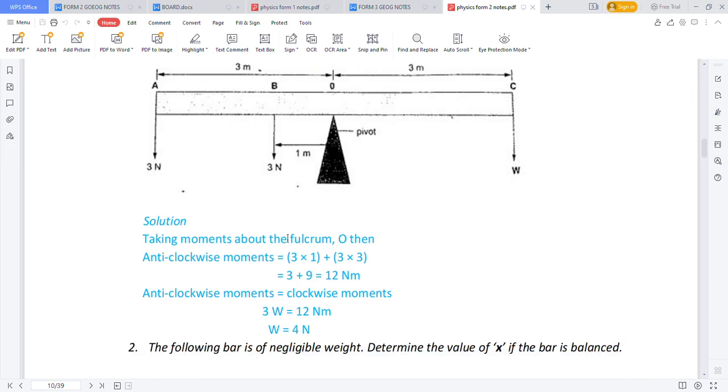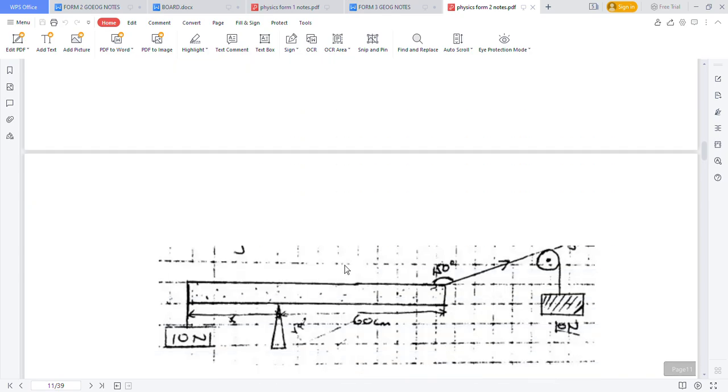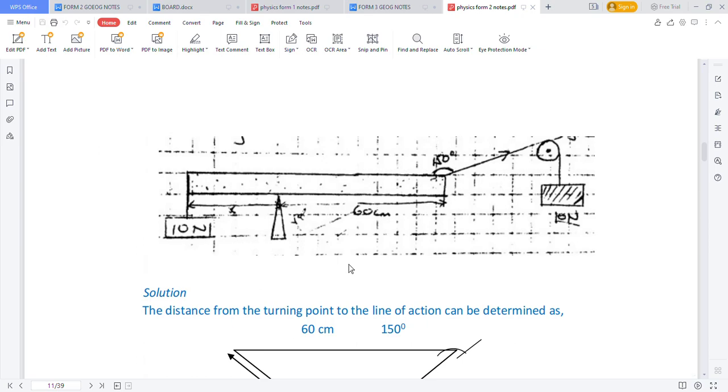So the anti-clockwise moments, 3 times 1 plus 3 times 3, you are going to have 12. Then the clockwise moment, you are going to have 3 times W, which is 3W. So 3W is equal to 12. Dividing both sides by 3, you are going to have W equals 4. That is it.